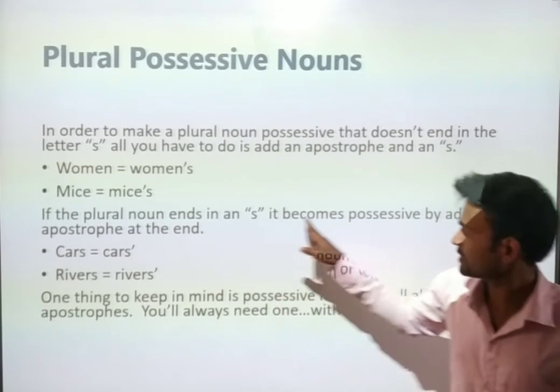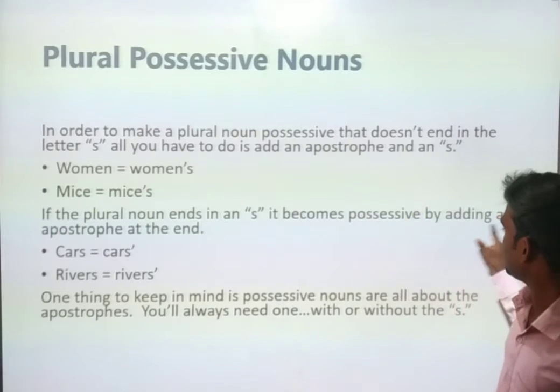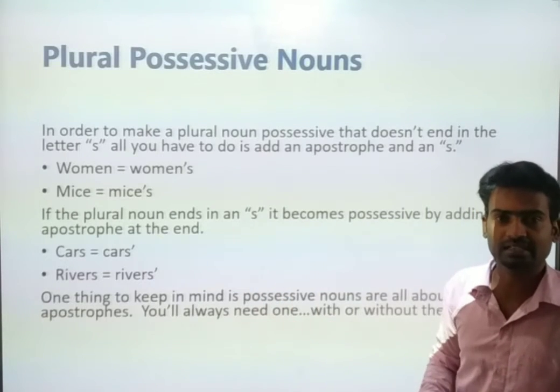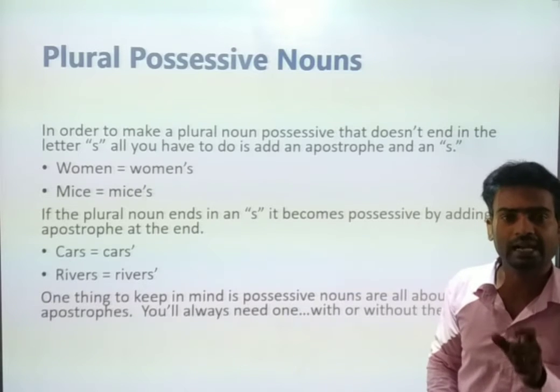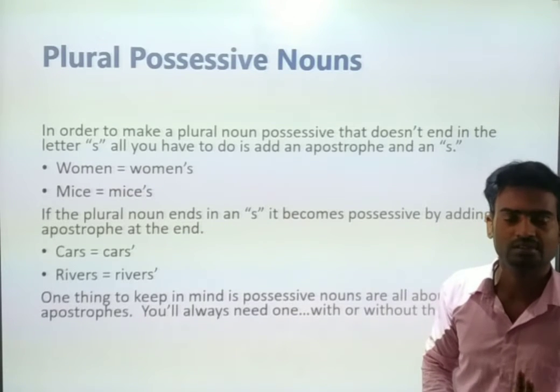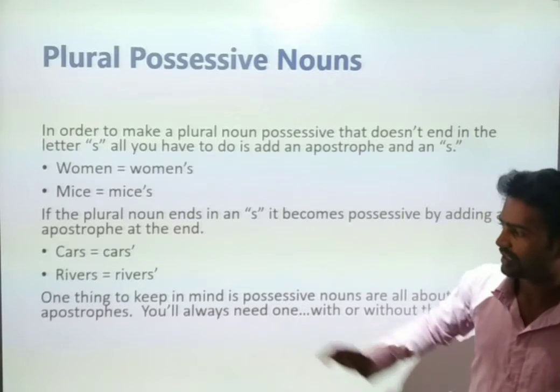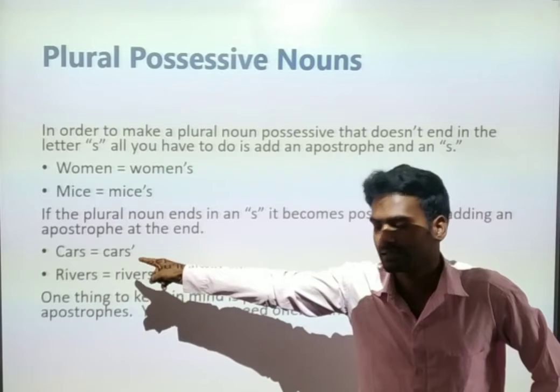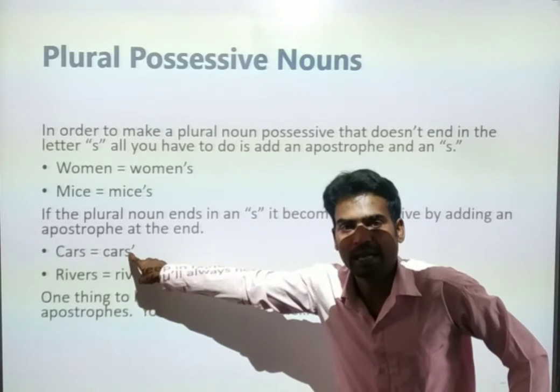Simple. It becomes possessive by adding an apostrophe at the end. At the end of the noun, we add a single apostrophe. Here, cars ends with an s, so at the end we add an apostrophe.